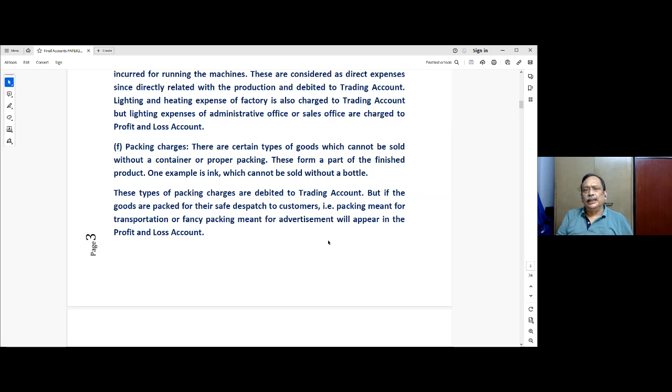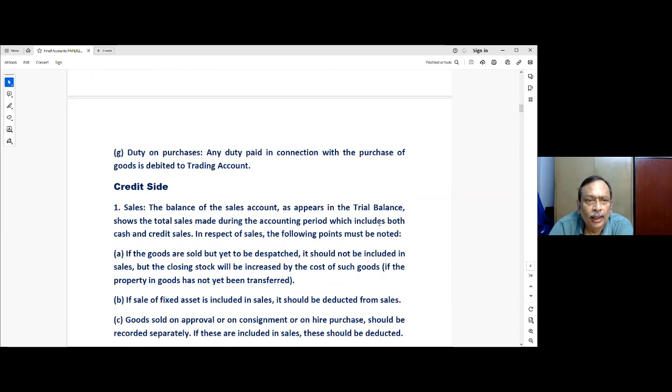These types of packing charges are debited to the trading account. But if the goods are packed for their safety, for safe dispatch to customers, that is packing meant for transportation, or fancy packing meant for advertisement, then it will appear in the profit and loss account.